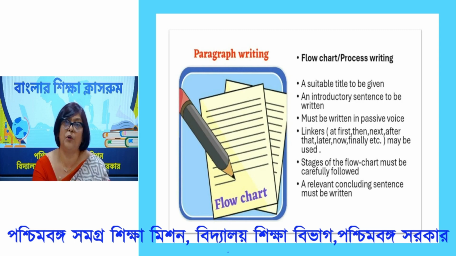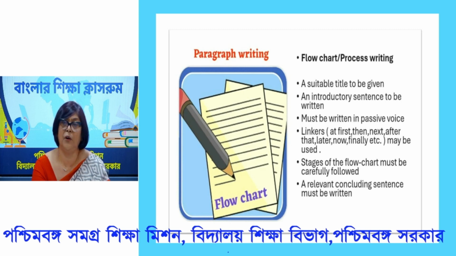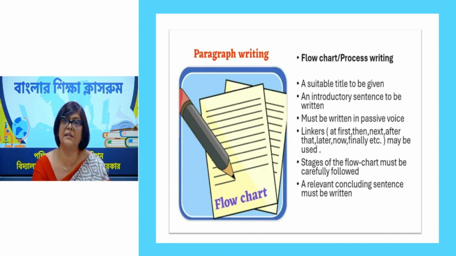When you write one process after another, there are some linkers. If you write something about making orange juice, there is usually an opening sentence like, orange juice is a very delicious, very refreshing drink which we all like. An opening sentence is usually like that.